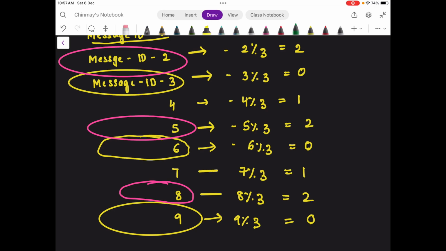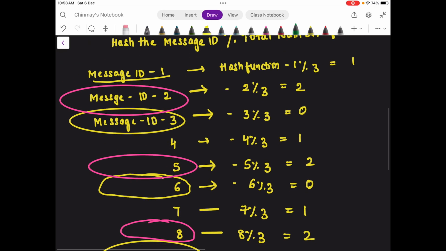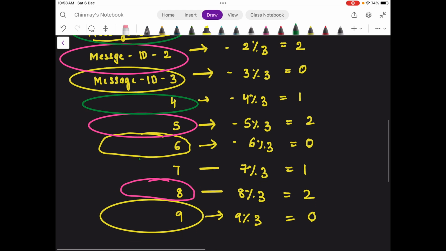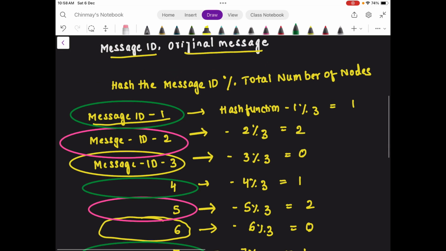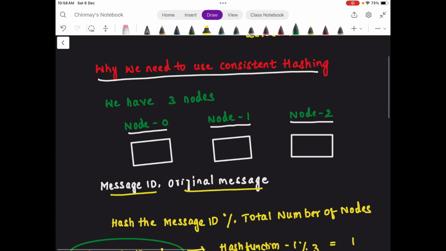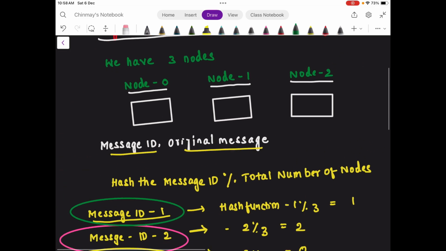In a similar way, message ID 1, message ID 4 and message ID 7 go to node 1. So the distribution of messages was successfully completed between the nodes, even without consistent hashing.